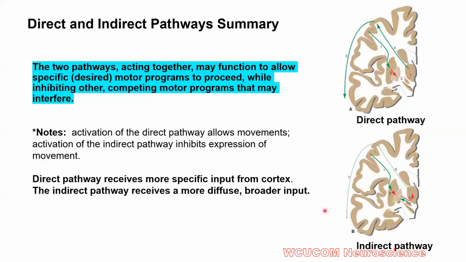It is worth noting that the direct pathway receives a much more specific type of input from cortex, and the indirect pathway receives a more diffuse, broader input, not surprisingly, to selectively tune the output of thalamus that will go to cortex to specifically allow certain patterns of motor programs to take place.